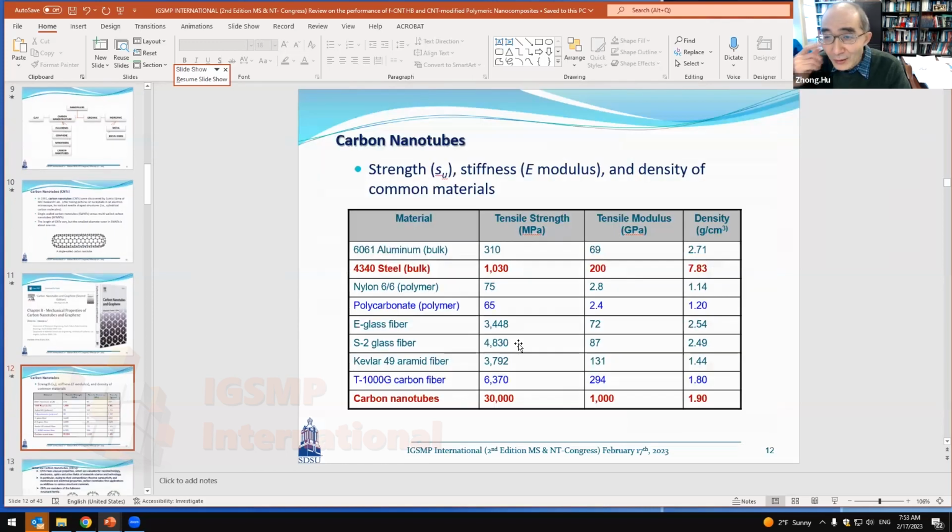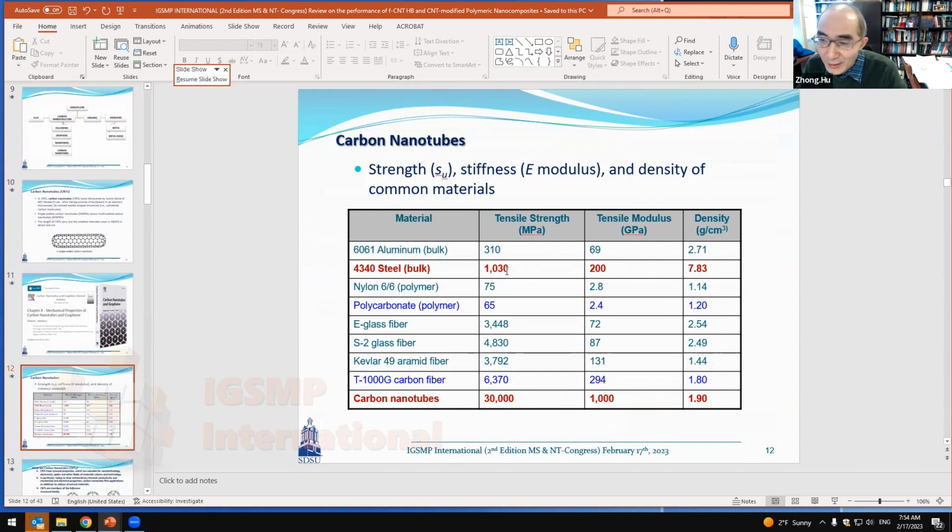So this is a table for the carbon nanotube. We just pick the steel, 4340, and the tensile strength, and also tensile modulus. Tensile modulus means Young's modulus. Usually, because it is a fiber, you can only do the tensile and the density. If you compare with the carbon nanotube, that's exceptionally high.